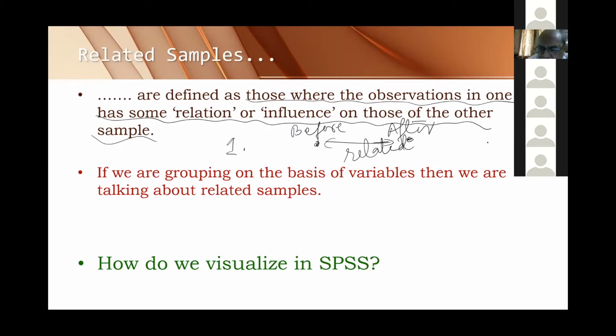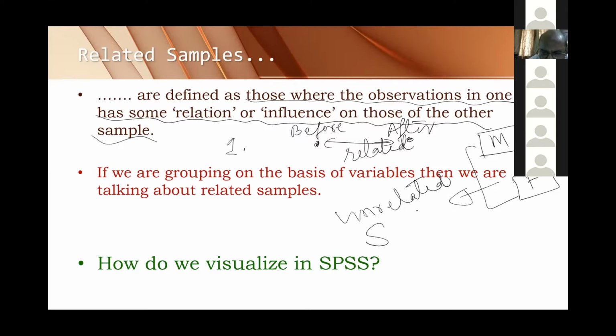Suppose we have two samples, a sample of male and a sample of female, and whosoever is in male cannot be in female. Both are independent of each other. Such samples are called unrelated samples.